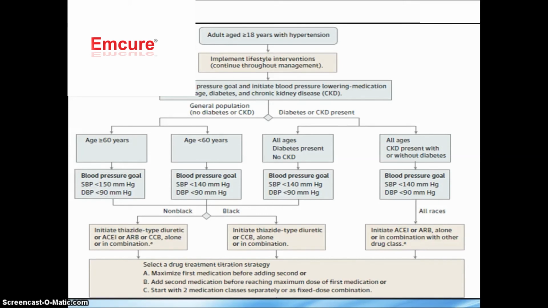Another possibility is to add the second medication before reaching the maximum dose of the first medication. So you need not go up to the maximum limit, you can add in between, or start with 2 medications of different classes, or a fixed dose combination. All these possibilities are there for managing blood pressure nowadays according to the JNC 8 guidelines.